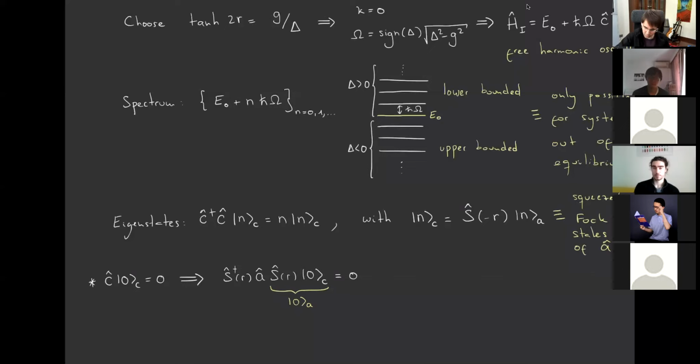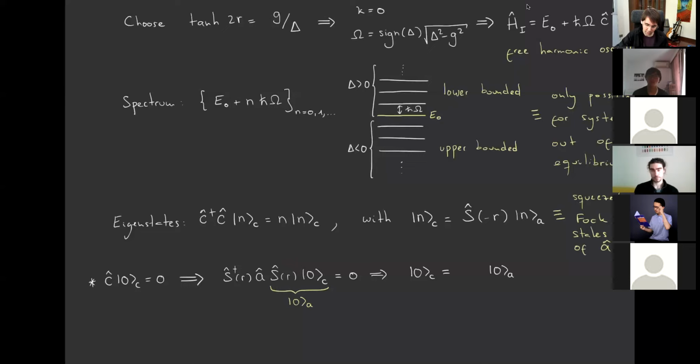And therefore, this automatically proves, if you just invert this relation, that the ground state or the vacuum state of the C operator, of the Bogoliubov operator, is proportional to the vacuum state of the A operator, but now you will have the inverse of S of R. And S of R is a unitary, so then you will have S dagger.